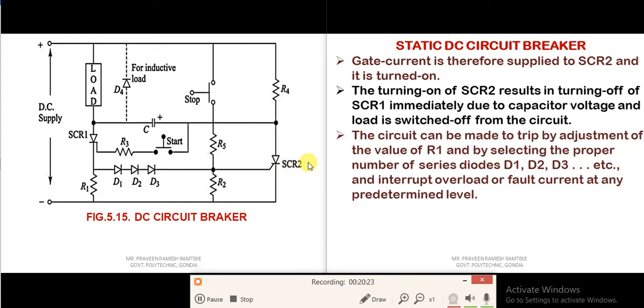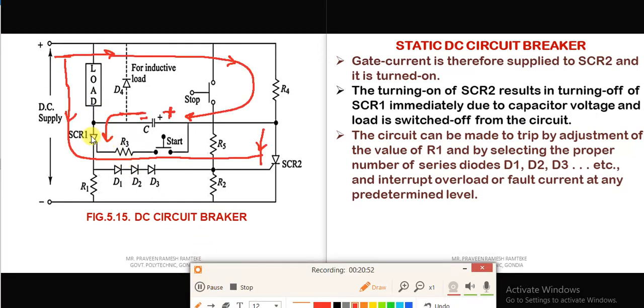Once the SCR2 is triggered, the capacitor is discharging, and because the capacitor is discharging, the capacitor's left hand plate will get a negative charge. Because of this negative charge, the SCR1 is reverse biased, and once the SCR1 is reverse biased, the load gets disconnected.